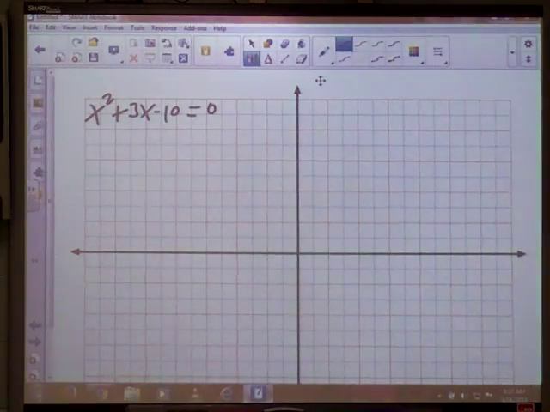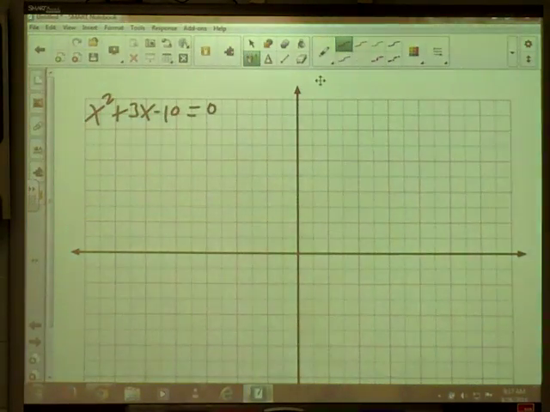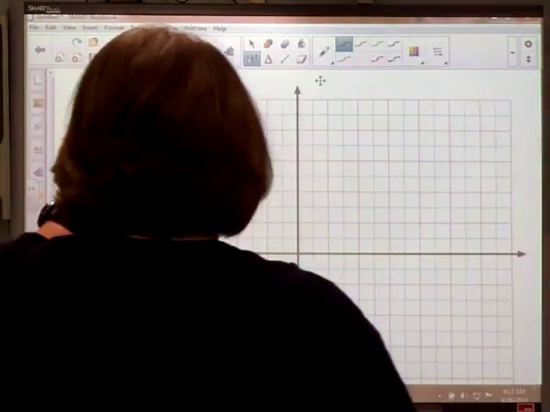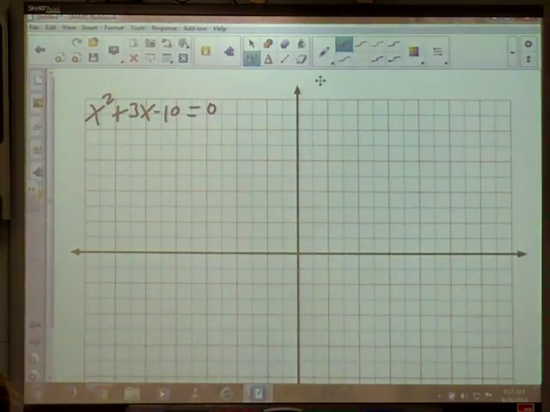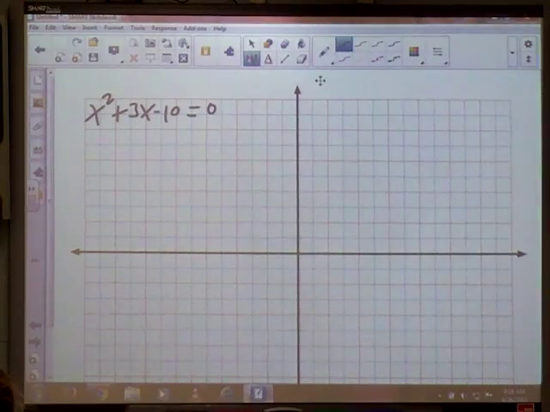We learned three forms of a quadratic last unit. What were they? Tell me one. Standard. Vertex, standard, intercept. Very good. Which of the three is this one? Standard. Very good. When we're going to graph in standard form, first thing we would have to find would be the vertex.